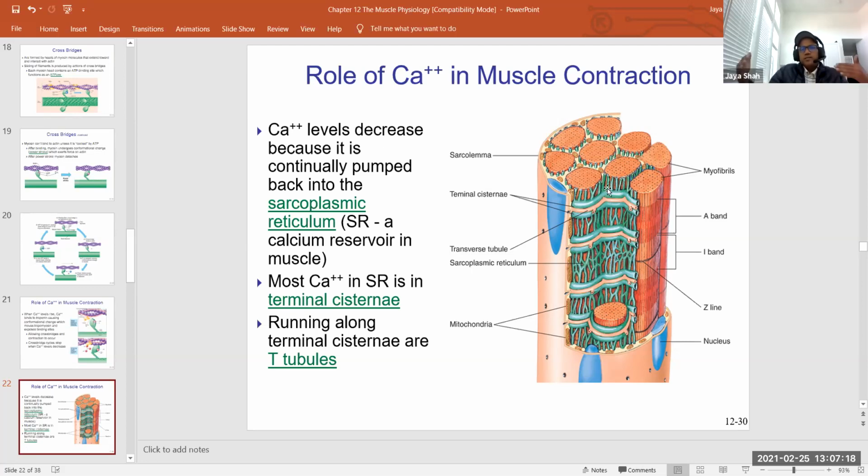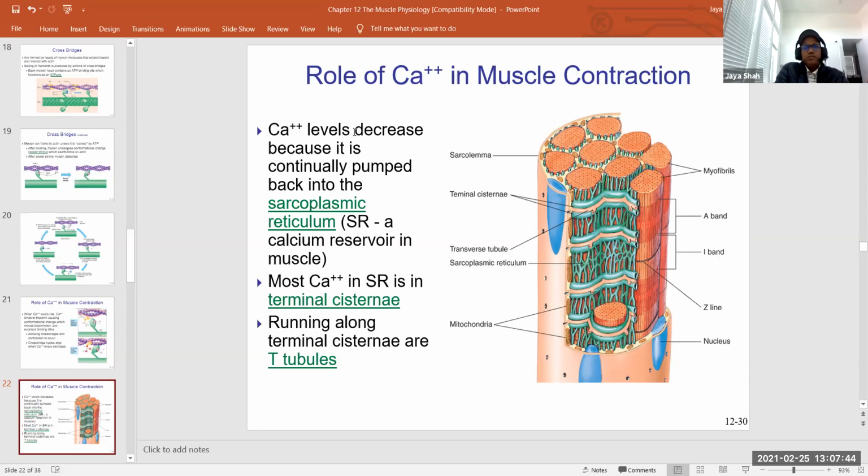Okay. Due to the cross-bridge sliding filament theory, once the action potential is taken back, depolarization, then again the calcium detaches from the troponin and is pumped back into the sarcoplasmic reticulum using the ATP, that is an active process.